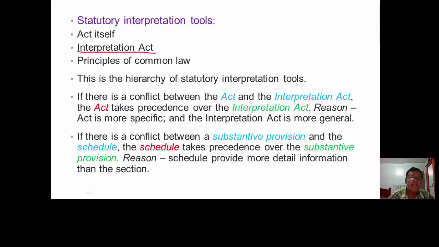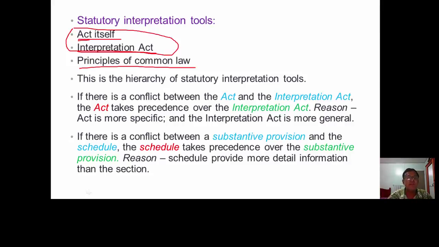If the act and the interpretation act do not give you any guidance as to the meaning of the word, then you move to the final rule, which is the principles of common law statutory rules.